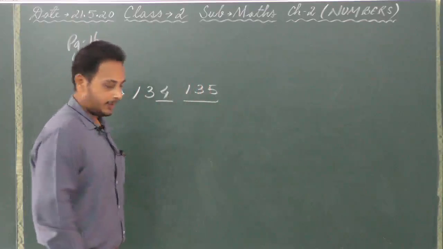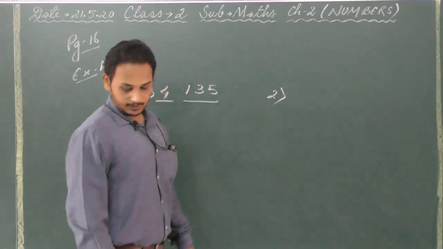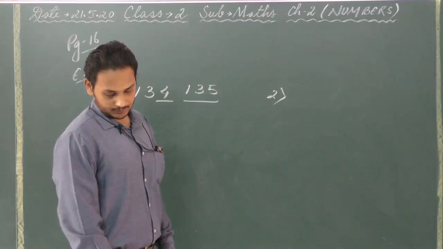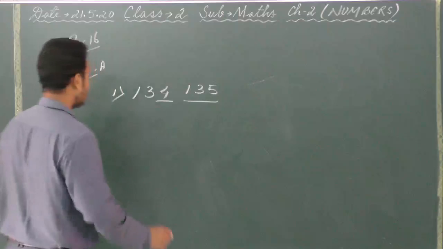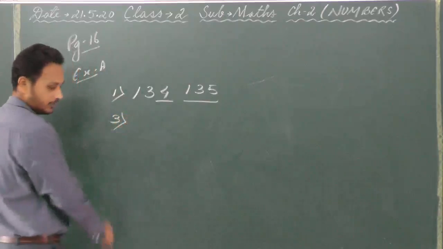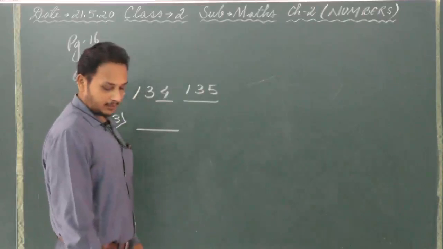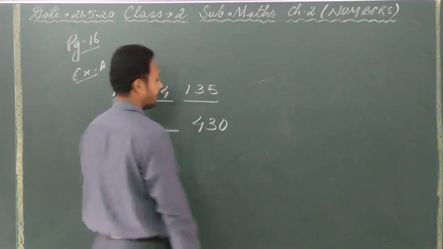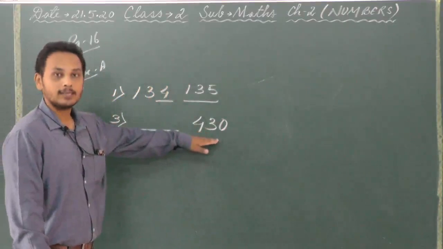In the same way, when you look at number 2, below that number 3 is there. The first number is missing, it is a blank, and beside that you have 430. Over here you have to write the number that comes before this.